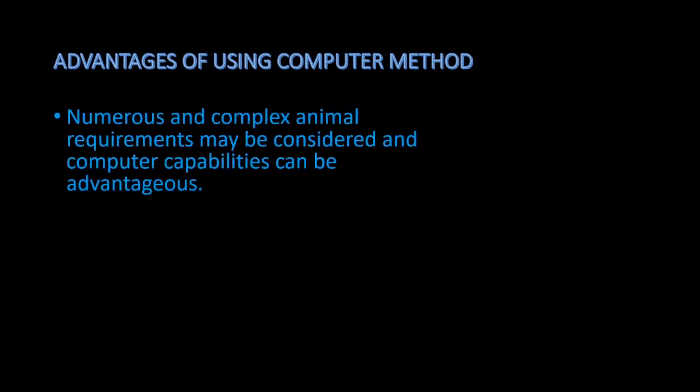So at the end, the advantages of using a computer method or computer feed formulation. A number of animal nutrient requirements and complex situations can be considered, and computer capabilities are an advantage because a mathematician or human cannot do in a short time what a computer can do.